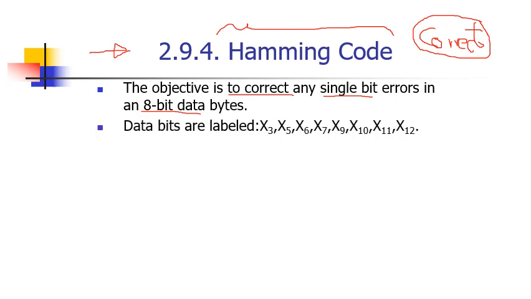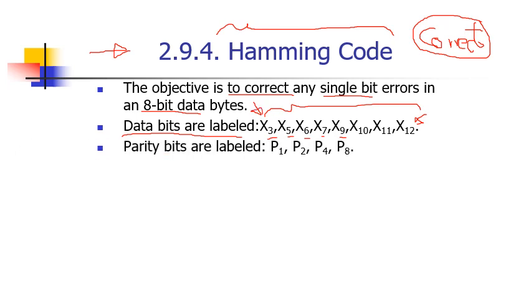Good. So first, your byte will be labeled. These are the 8 bits to be sent. We label them x3, x5, x6, x7, x9, and so on up to x12. So this is your least significant bit, and this is your most significant bit. Then we use 4 parity bits.